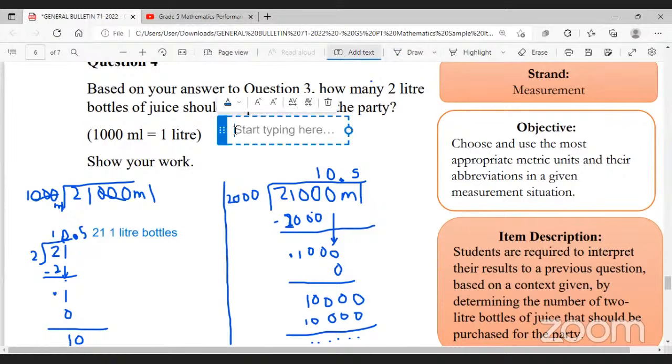So in total, we need 11 bottles, 11 2-liter.